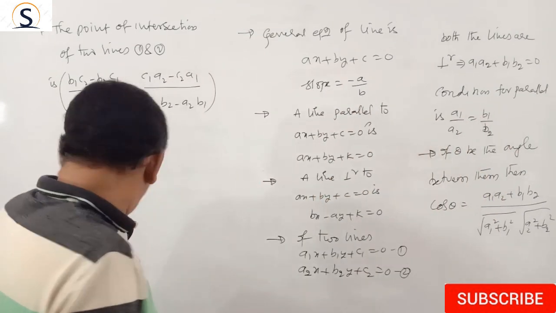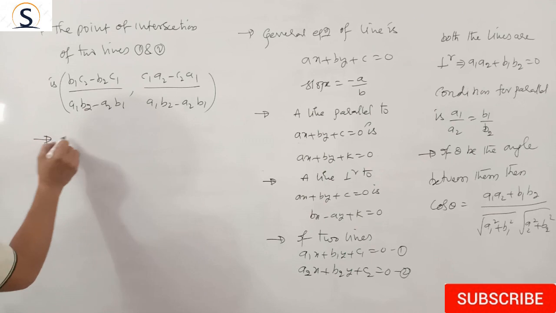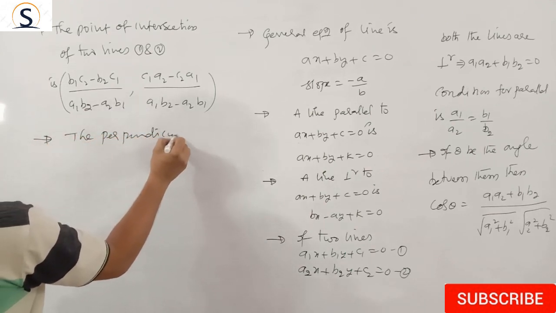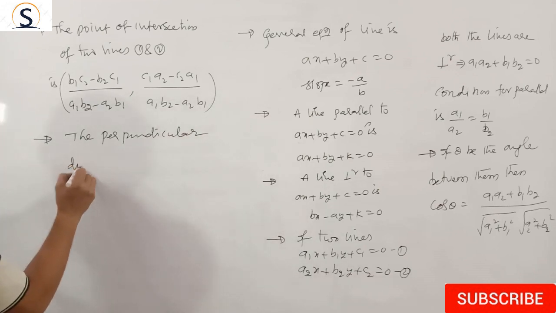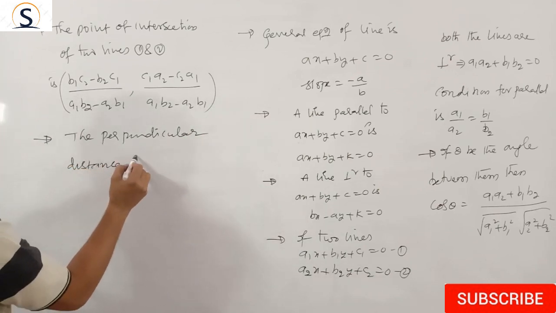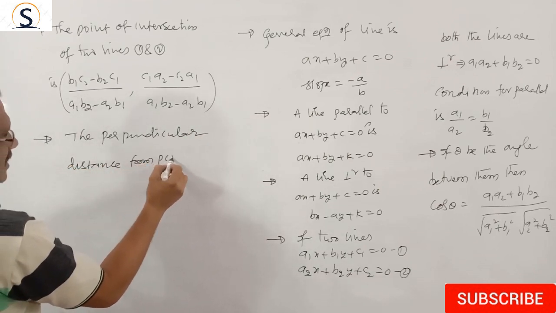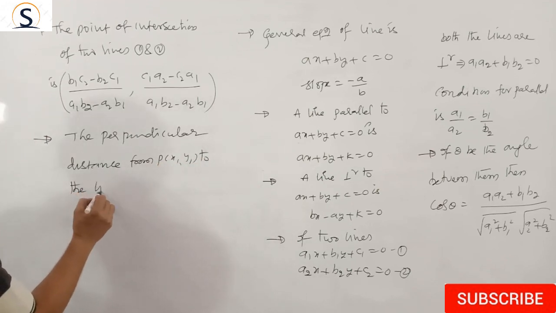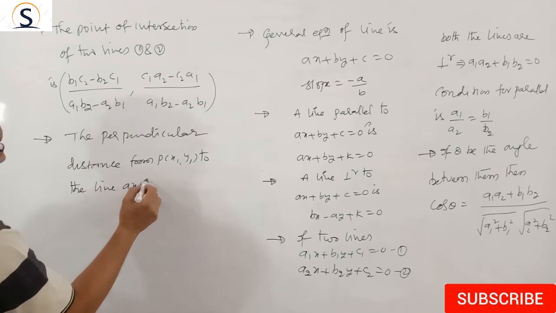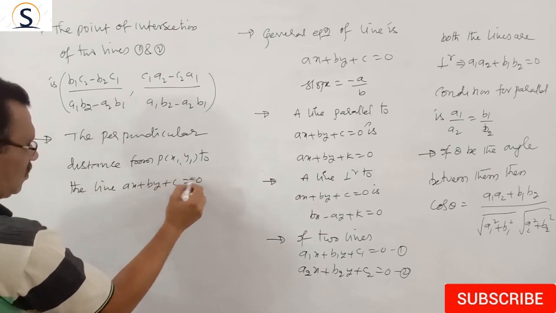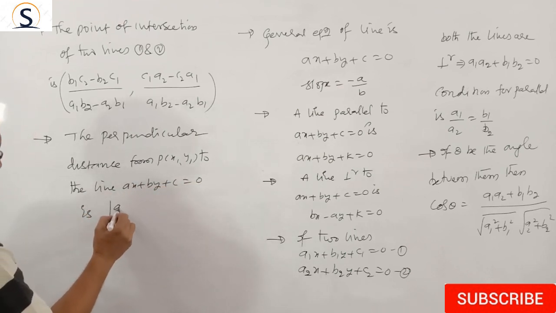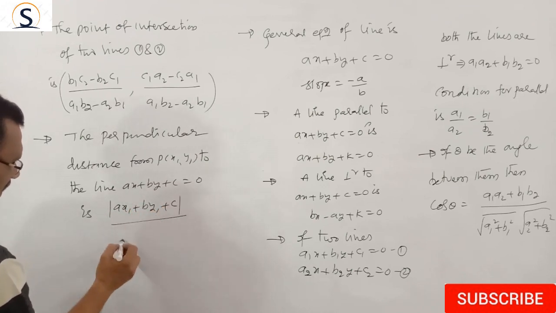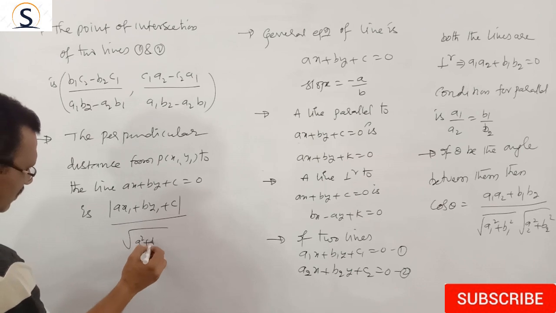Next one, the perpendicular distance from P(x1, y1) to the line ax plus by plus c is equal to 0 is mod ax1 plus by1 plus c by under root a square plus b square.